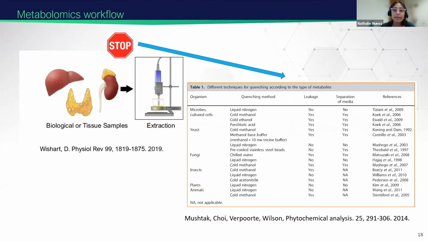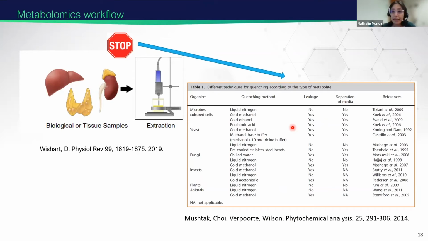And there are different ways in which we can do this quenching. The most common involves using liquid nitrogen and cold solvents. As you can see in this table by this study in 2014, there are different methods that you can use. Usually they involve liquid nitrogen or solvents or changing the pH.